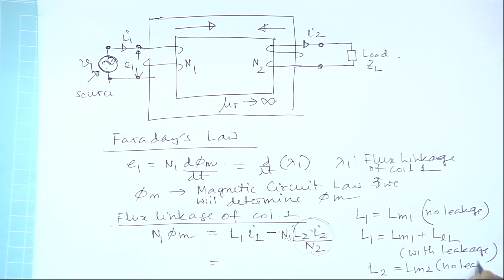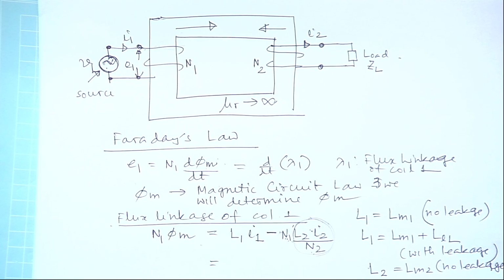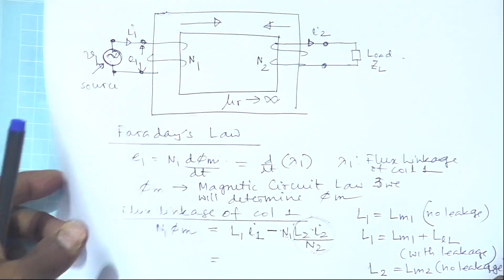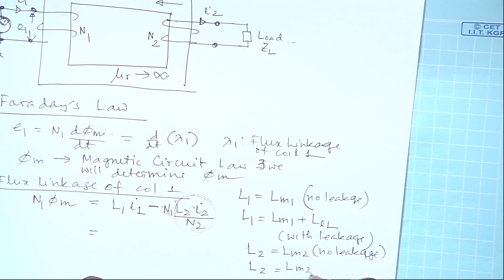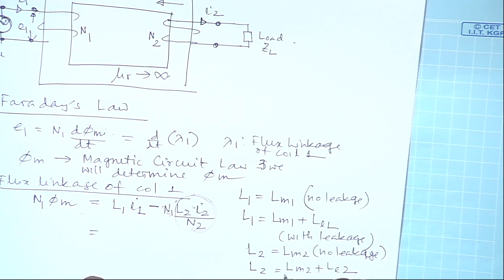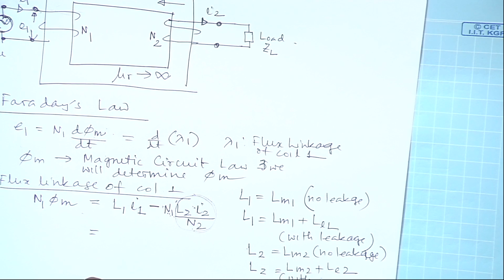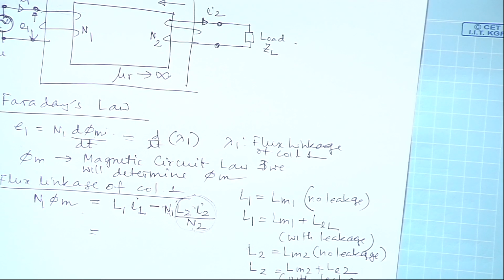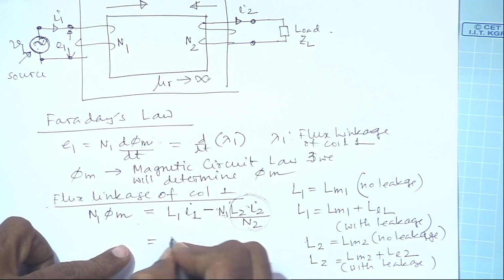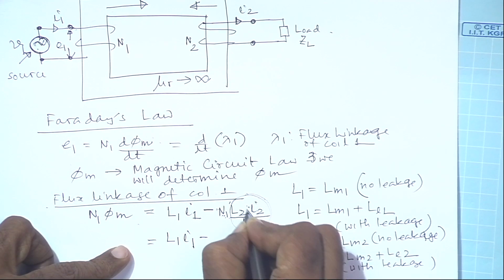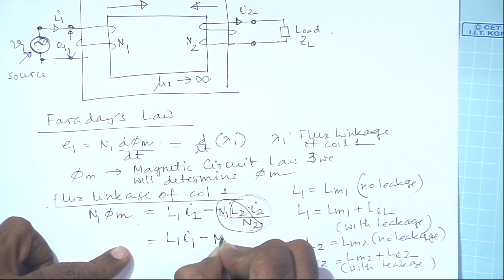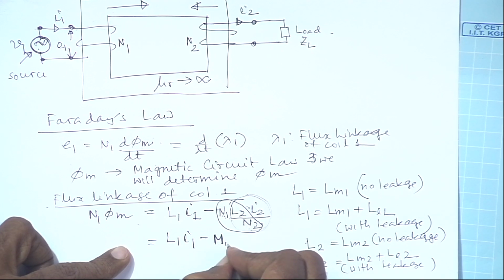With leakage, L 2 is equal to L m 2 plus L L 2. So, this also has a new definition then. L 1 I 1, this thing we can combine as mutual inductance between coil 1 and 2 into I 2.